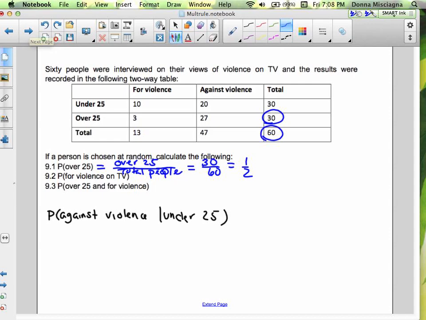Okay, so this one, because we have the totals, if we didn't have the totals, we'd have to add probabilities. It's a simple probability, and we don't have to add. I did not leave myself much space, so I'm just going to put a little arrow here. So that would be the total for violence over total people.